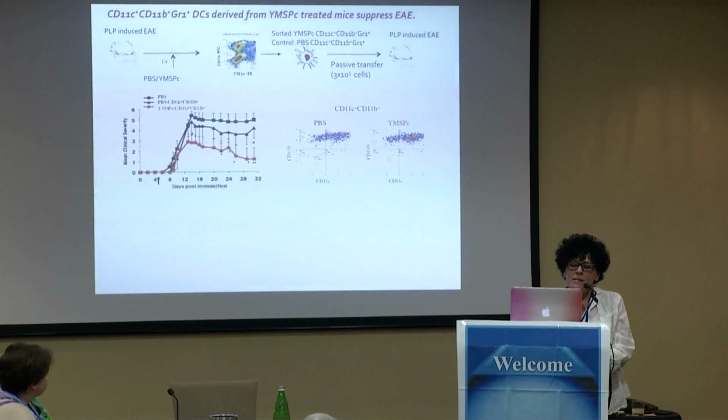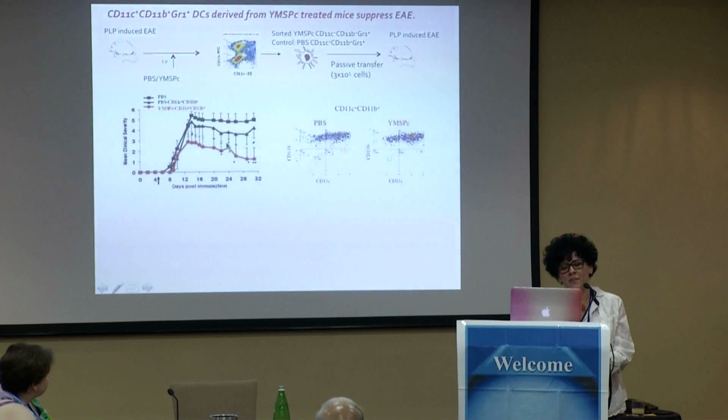As you can see here, while no effect was observed with injection of PBS or with PBS-derived CD11c, CD11b dendritic cells, administration of YMSPC-derived dendritic cells resulted in a remarkable suppression of disease development, suggesting functionality in vivo.